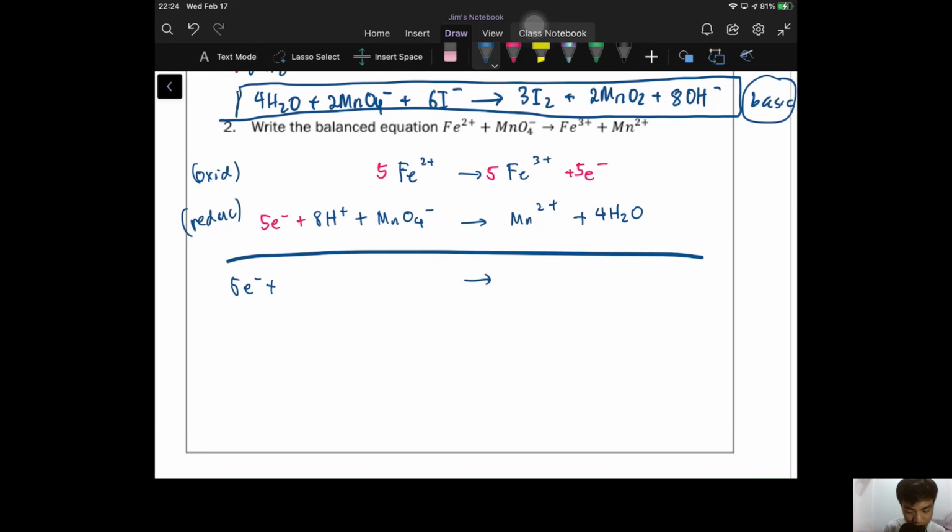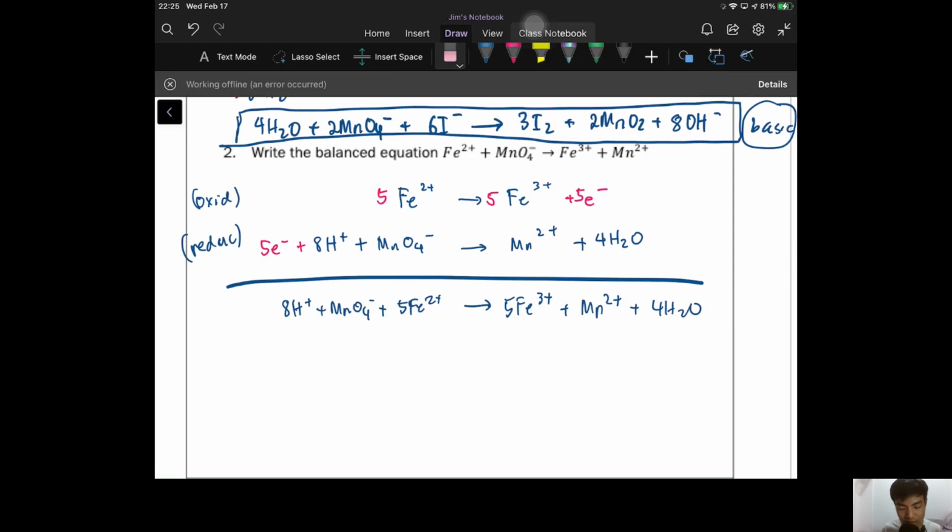5 electron, 8H plus, MnO4 minus, 5Fe2 plus. On the product side, we have 5Fe3 plus, Mn2 plus, and 4H2O plus 5 electron. Okay, since we have the same number of electrons on both sides of the equation, we can simply cancel them out.